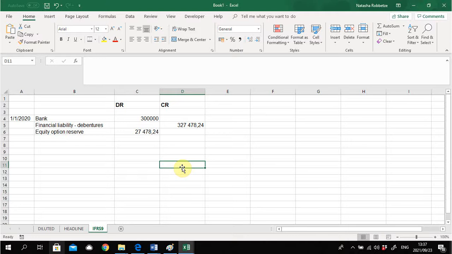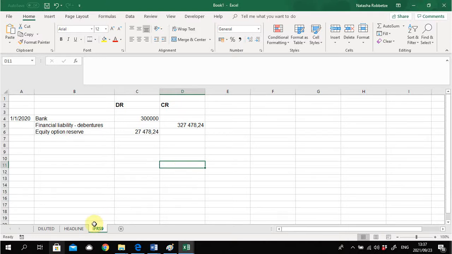Why is it a compound instrument? Because these debentures can potentially be converted into ordinary shares. So that would have been the journal entry that was required on the day that we issued the debentures to the debenture holders.